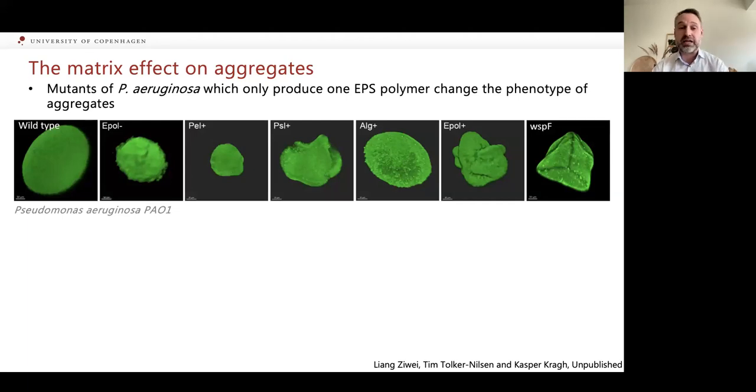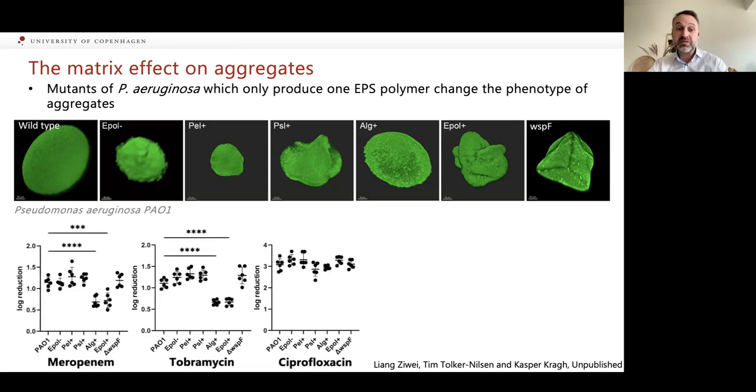This is in Pseudomonas aeruginosa, our main model organism for this. And here we could see that if you changed how much polymer and which polymers they produced in this model, they gave off these different shapes and sizes. But we could also pinpoint specific polymers that were really important to survive specific antibiotics.